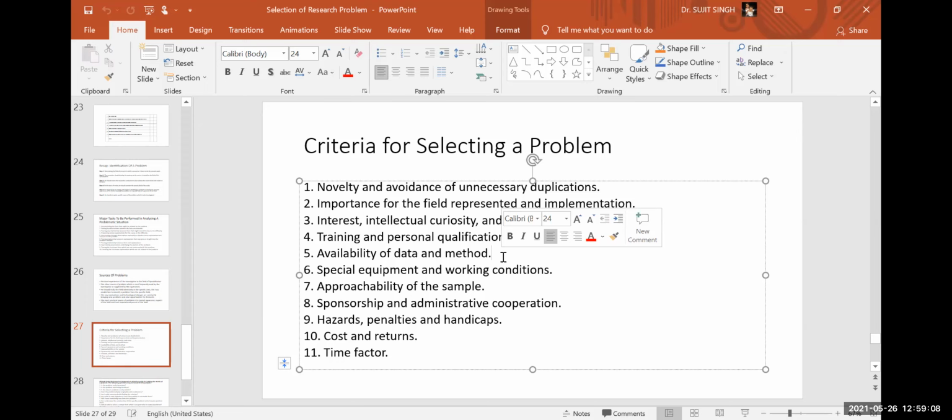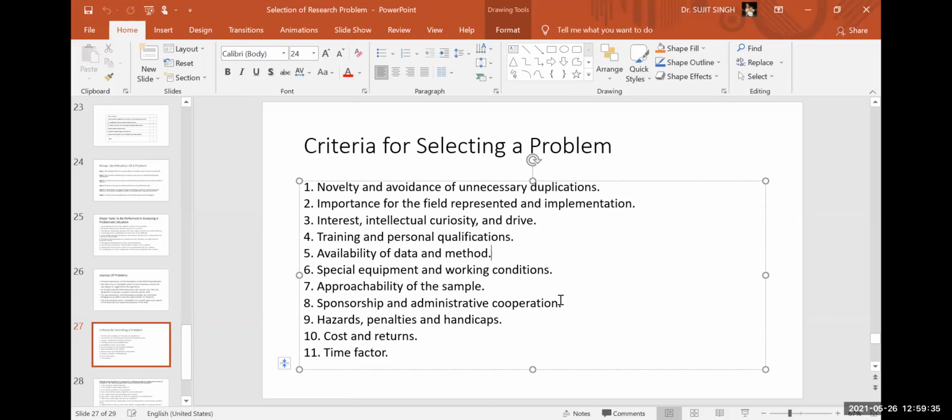You can't do that as your M.Sc project. Okay, so you have to be reasonable and rational here. Whether special equipment or working conditions are available has to be checked. Approachability of the sample where you are going to collect the data and information: is that within your reach? Can you get the data easily or not?